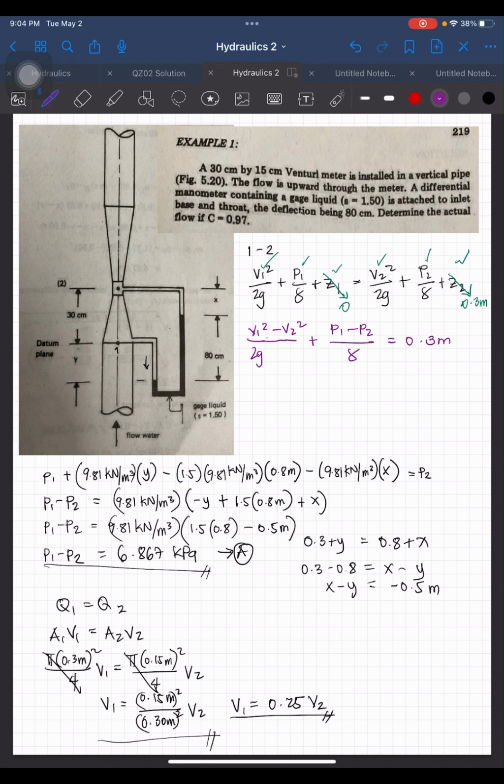We will get (0.25 V2) squared over 2g minus V2 squared over 2g plus P1 minus P2, 6.867 kPa over gamma, is equal to 0.3 meters.